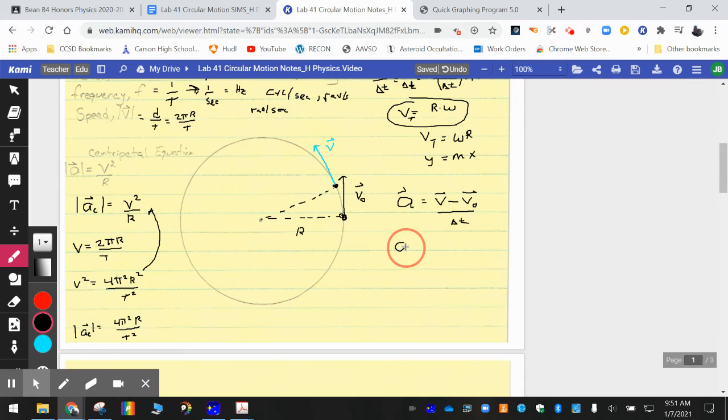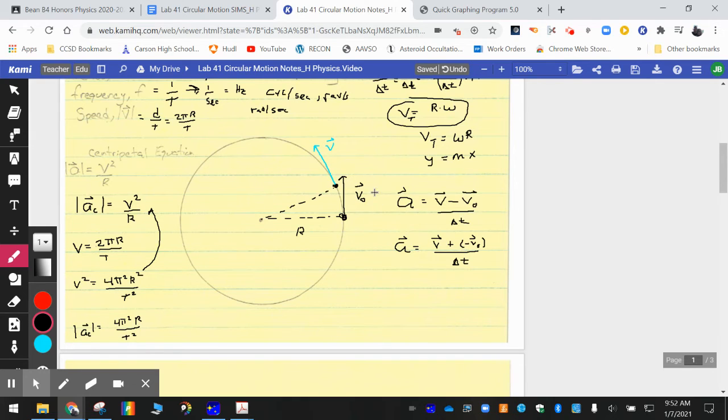I can also say that acceleration is equal to v plus minus v0, and delta t is a scalar, so it's not really involved here. Everybody feel comfortable? We can do that, plus the opposite?